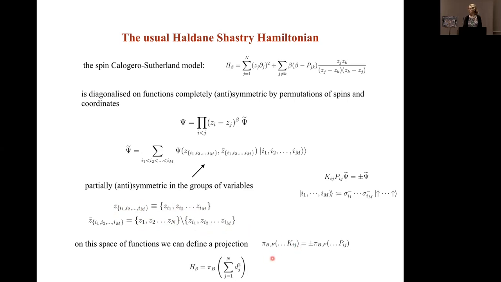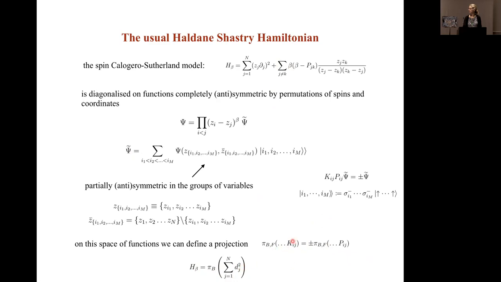So on this space of functions, we can define formally a projection where one replaces the coordinate permutation K by plus the spin permutation P when they are at the right of an expression. So you imagine that you act with this on this function psi. So you can just replace K by P. This Hamiltonian here will be just the projection of the sum of squares of Dunkl operators via this projection.